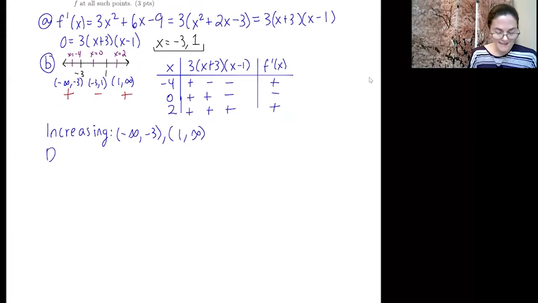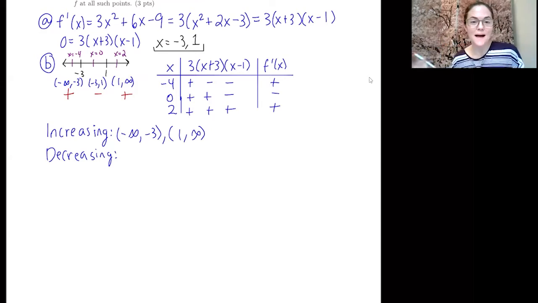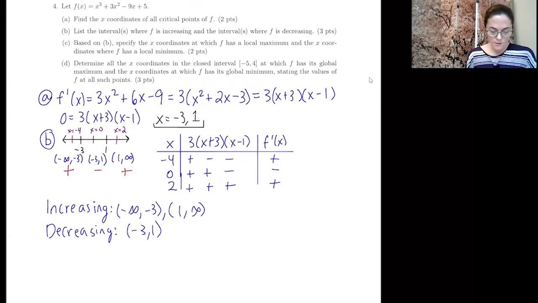And the function is decreasing everywhere we see a minus, which is just one open interval, minus 3 to 1. And in part A, my answer was in black, so let's make this black also.